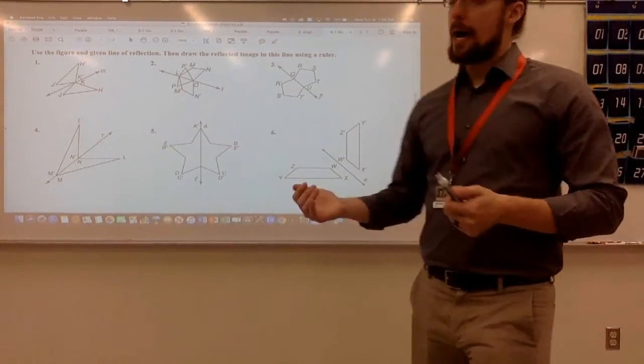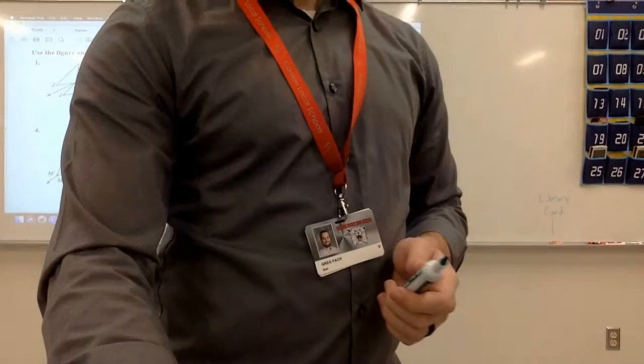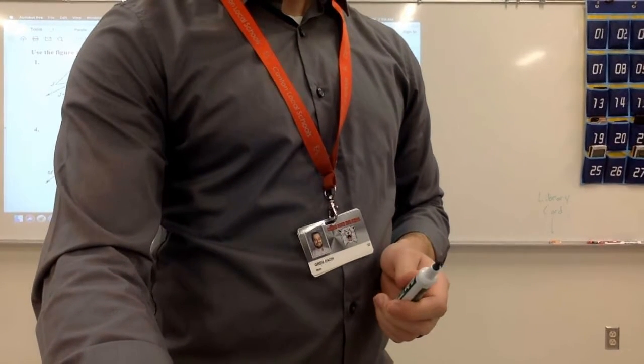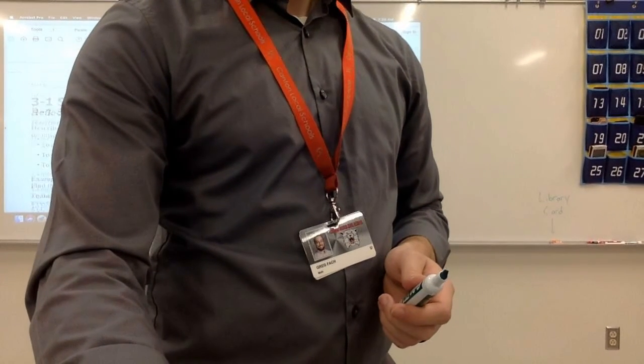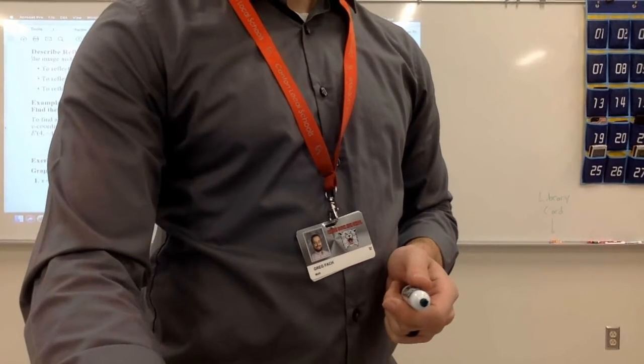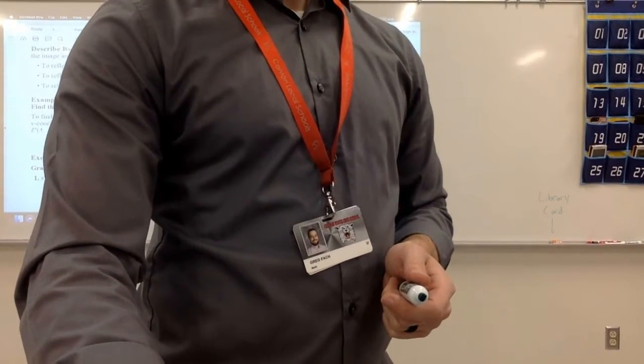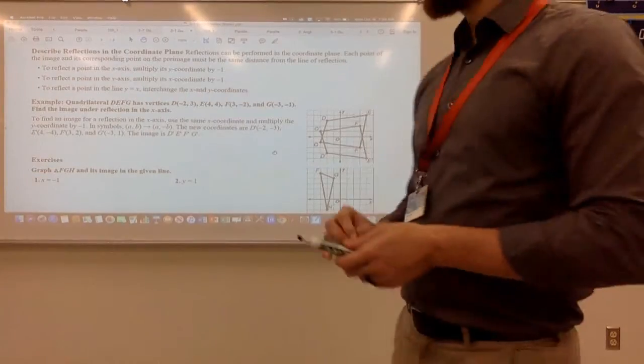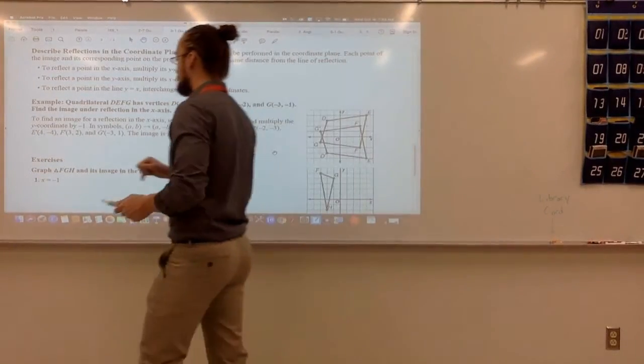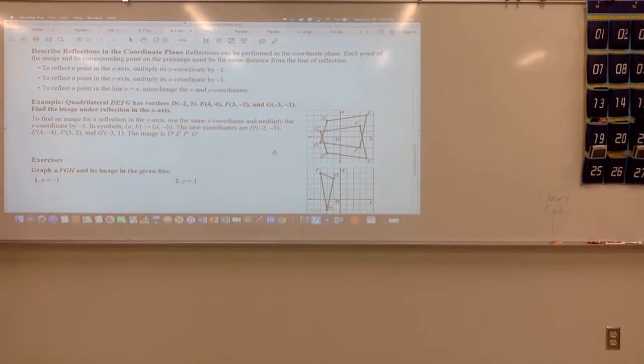Then on the back, we just introduce a coordinate plane into this idea. It makes it a lot easier if we introduce a coordinate plane. There are a few rules up here, but I actually think it's a lot easier to just use the graph rather than memorize these rules.